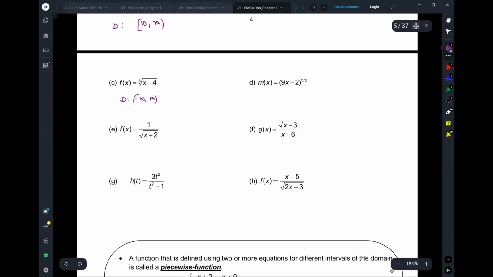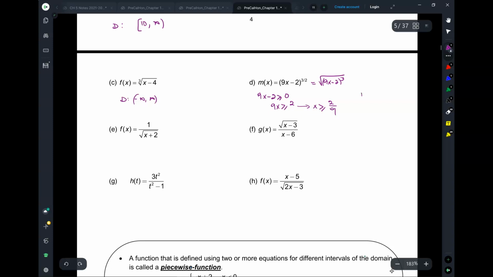Take a look at this one. Let's rewrite this as the square root of 9x minus 2, cubed. At the end of the day, this is an even root, so the stuff inside has to be greater than or equal to 0. 9x greater than or equal to 2, so x is greater than or equal to 2 over 9.